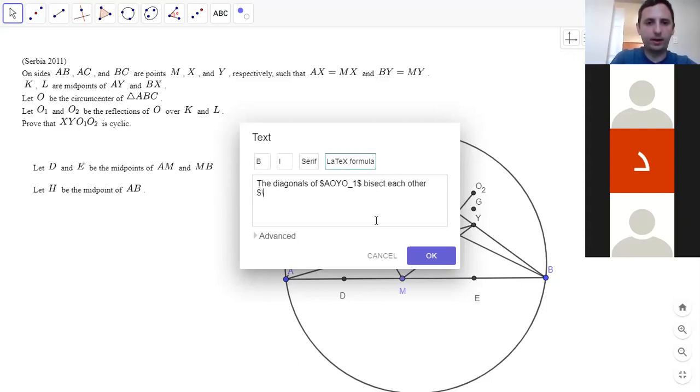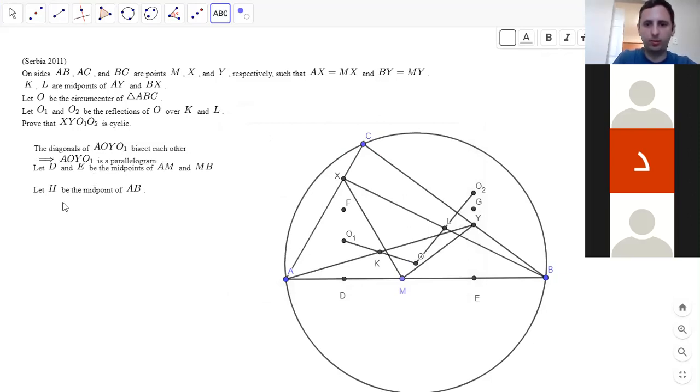So that means that AOY1 is a parallelogram. And then similarly, BOX2 is a parallelogram.